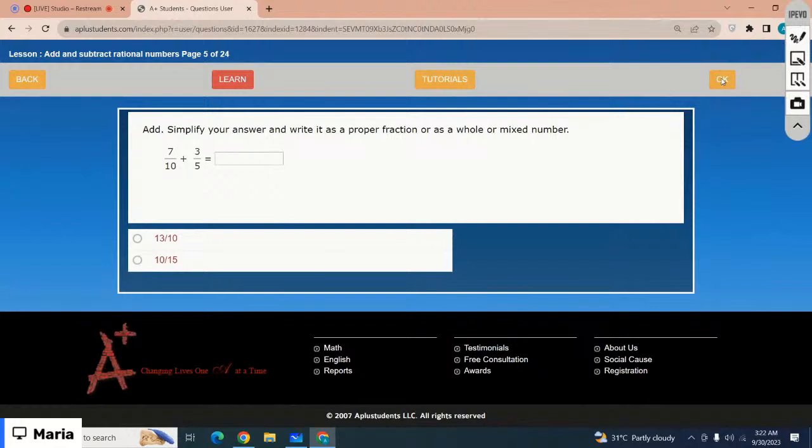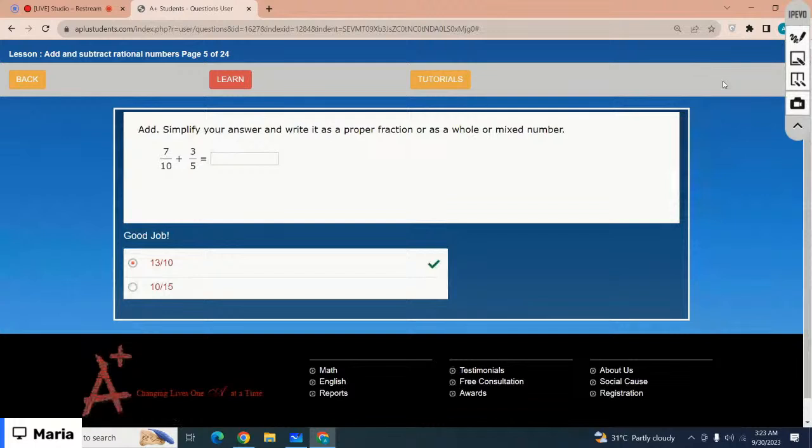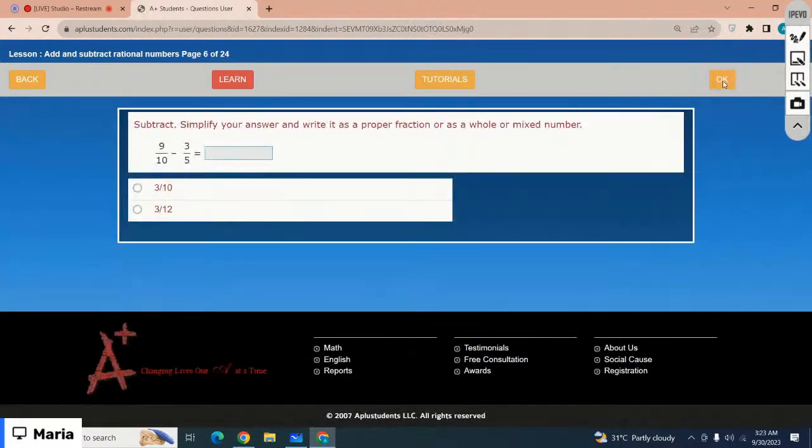7 over 10 plus 3 over 5, which is the correct option? The correct option is 13 over 10. Very good. Okay, the next one is subtract 9 by 10 minus 3 over 5. So, which is the correct option?